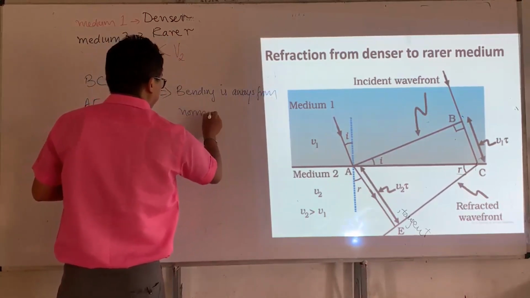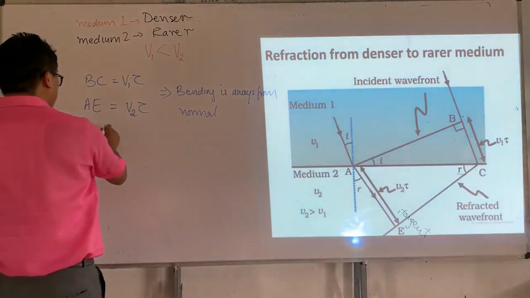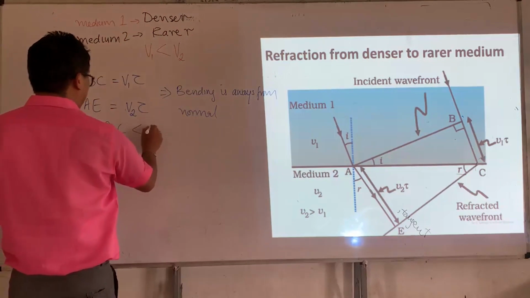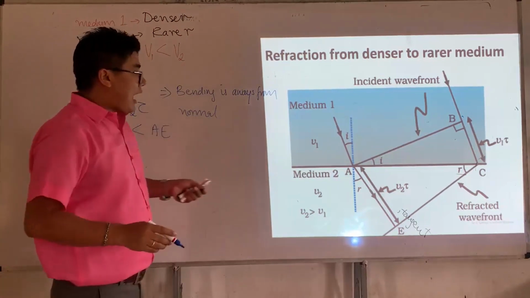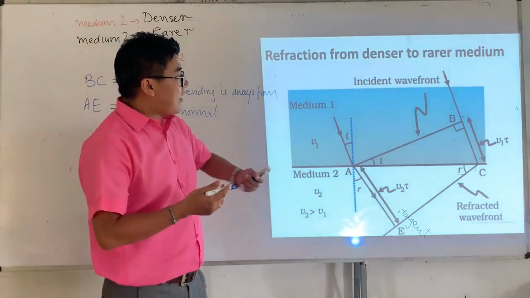The bending is away from the normal. Why? Because BC is less than AE, since light travels a greater distance in the rarer or second medium than in the first medium.